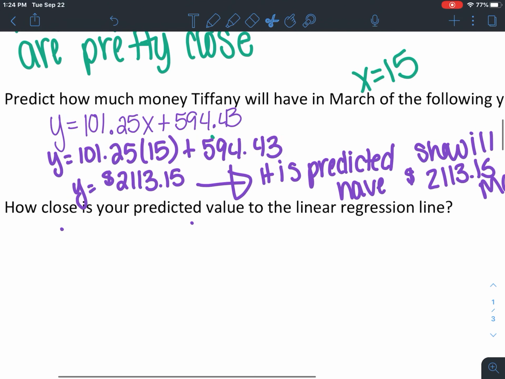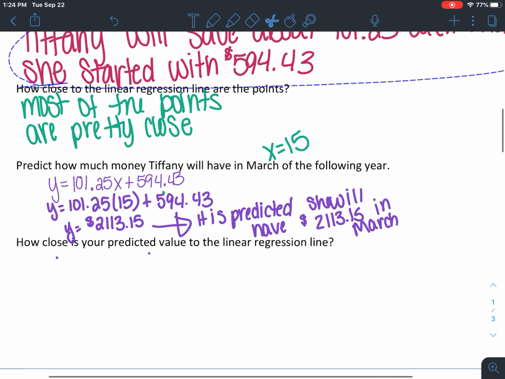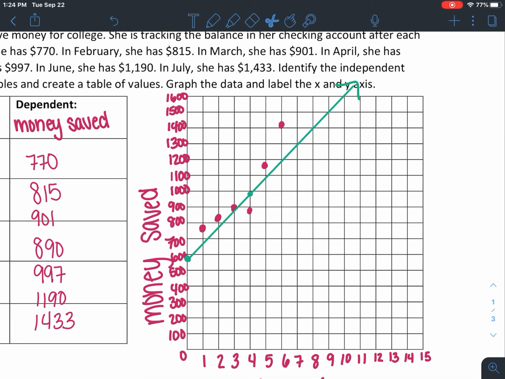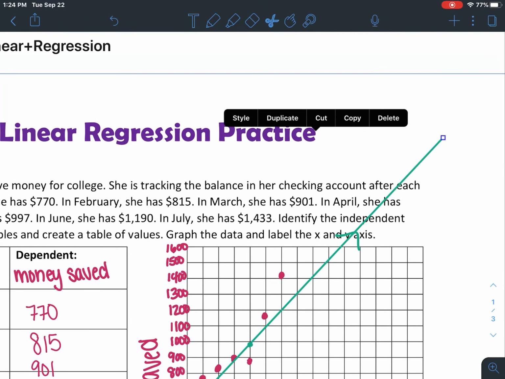And then how close is your predicted value to the linear regression line? So we're going to look at our line, and we're going to see if that green line that we drew in is pretty close to 2,100. Okay. And it actually looks like our graph, if we extended this line, it's going to definitely go off the chart.